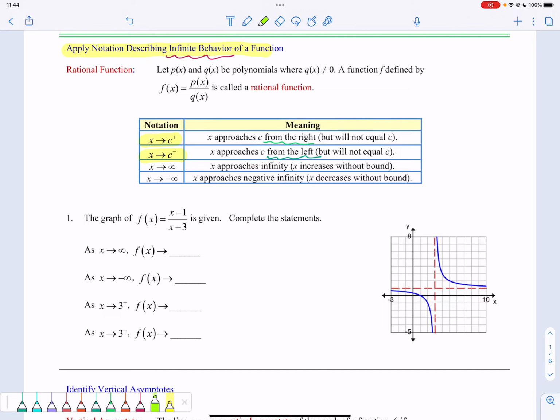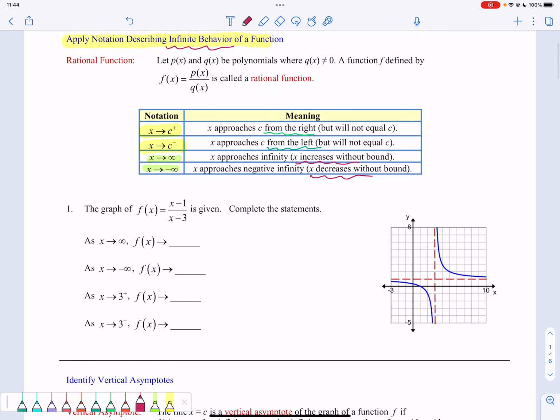And then we have x approaches infinity and negative infinity. This is where x is increasing without bound and x is decreasing without bound. So this is what this very important notation means.